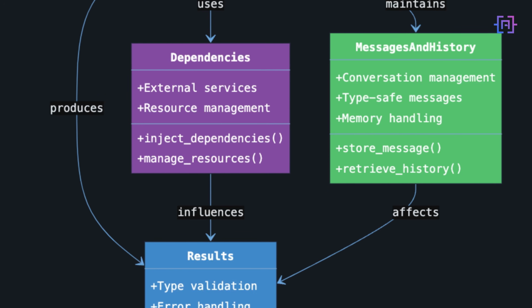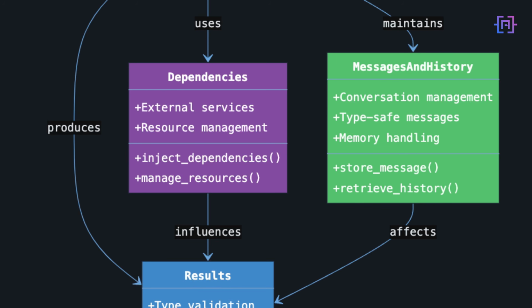For managing interaction and historical data, the messages and chat history component provides a sophisticated conversation management system. It implements type-safe message handling to prevent communication errors, while incorporating built-in memory management that efficiently stores and retrieves conversation histories. This ensures smooth, consistent interaction while maintaining data integrity.